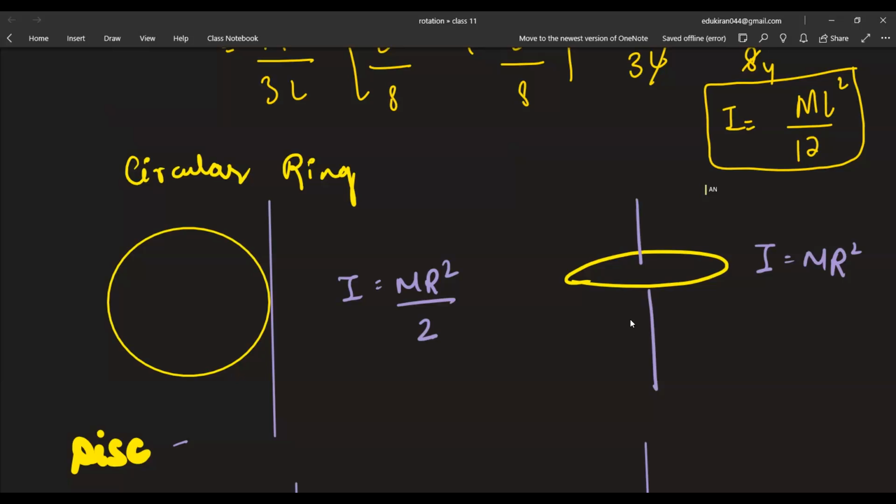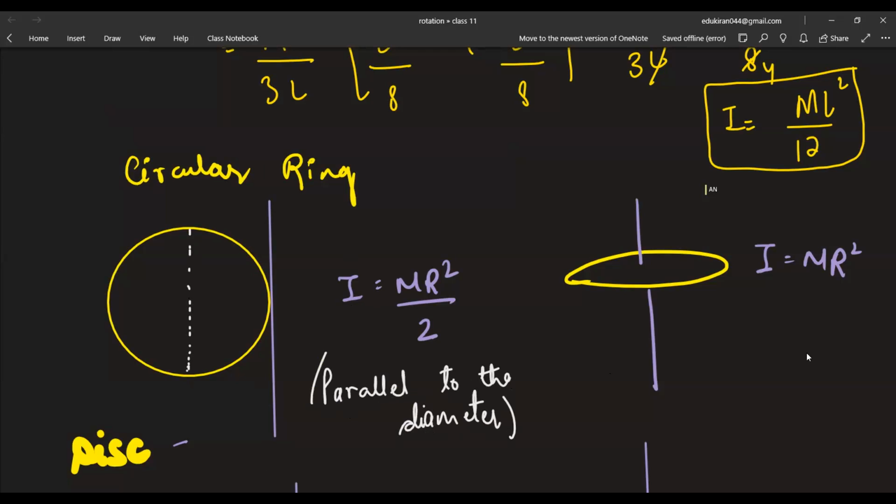But class, when you have the axis parallel to the diameter, then the moment of inertia is mr square by 2. Okay, this is mr square by 2.